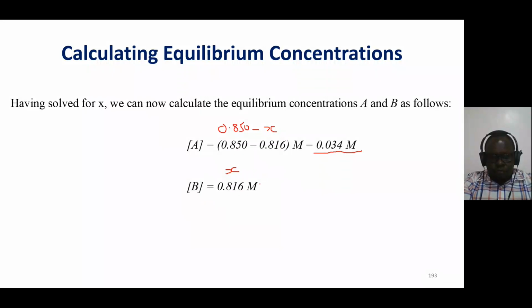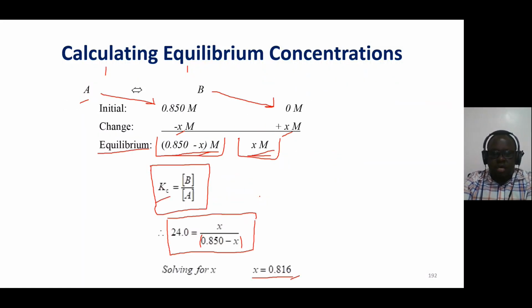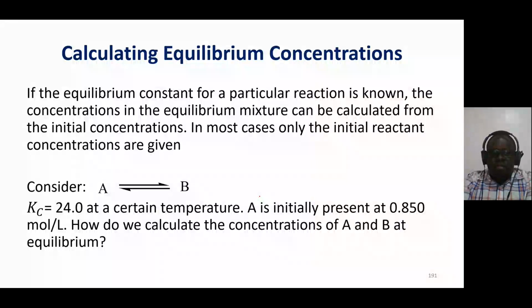So therefore, it's going to be equal to just the value of X, which is 0.816 molar. So this is how you would use the equilibrium constant to determine the equilibrium concentrations once you know the initial concentrations of the species.